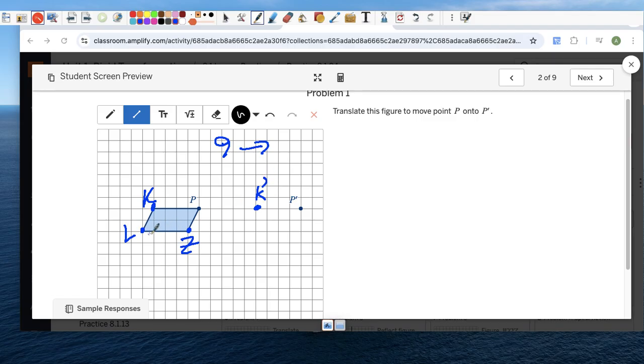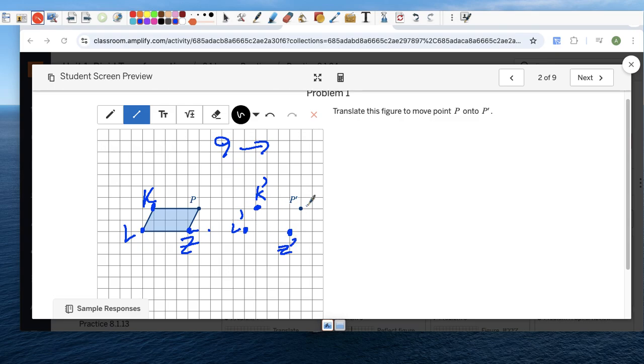L, 1, 2, 3, 4, 5, 6, 7, 8, 9, and L is right there. Again, we don't call it L, we call it L prime, so we can distinguish the original point from the second. And then this one goes 1, 2, 3, 4, 5, 6, 7, 8, 9, and that's point Z prime.